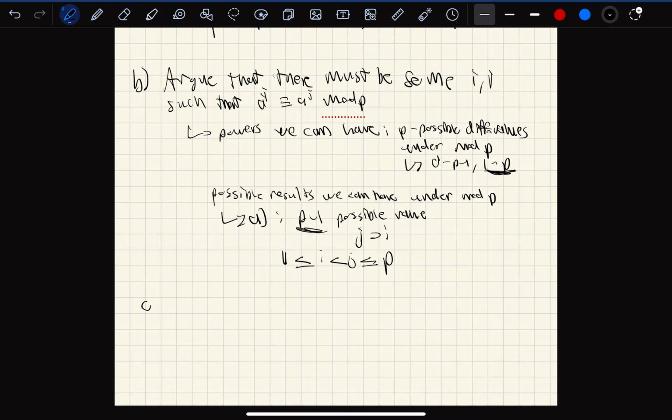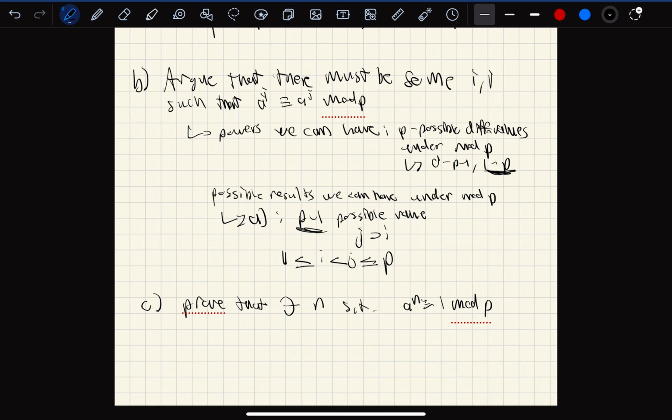So now we're going to use part B here to prove that there exists some n such that a to the n is congruent to 1 mod p.